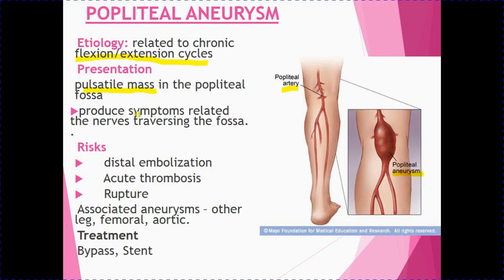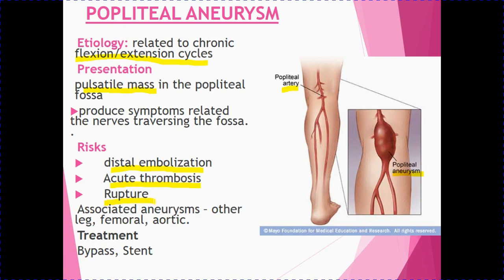It produces symptoms related to the nerves traversing the fossa. If it becomes large enough, it is going to compress the nerves present in the popliteal fossa, and the relevant symptoms can be produced. The risks are that the aneurysm can develop a thrombus leading to distal embolization, or there can be acute thrombosis, or there can be a rupture of the aneurysm.